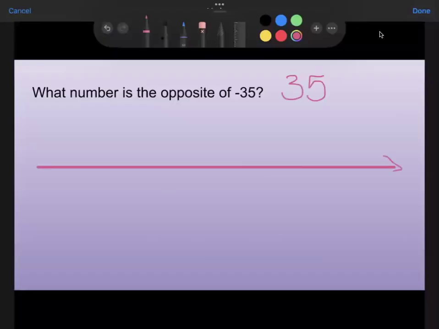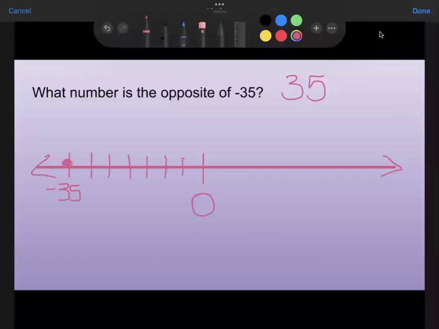So I'm going to draw the number line here, put a 0 in the middle. Now 35 is a lot of little marks to count by. So I think what I'm going to do is have each tick mark represent 5. 5, 10, 15, 20, 25, 30, 35. So I'm going to label this as -35. That is 35 on the negative side.